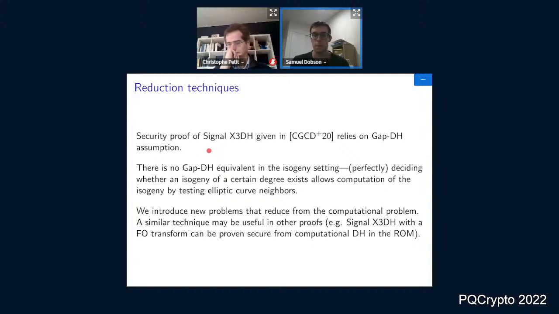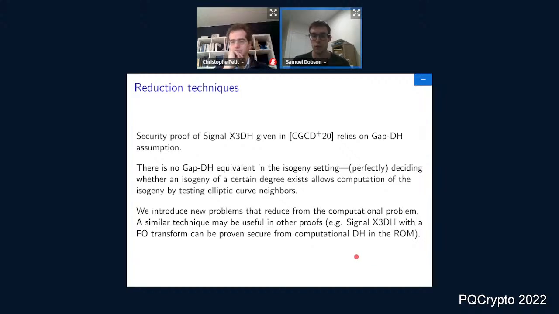So the first formal analysis of Signal protocol used the gap Diffie-Hellman assumption to prove security. And so these two new computational problems we introduced both reduce down to standard assumptions in the random oracle model, and let us prove security of our protocol based on standard computational assumptions.